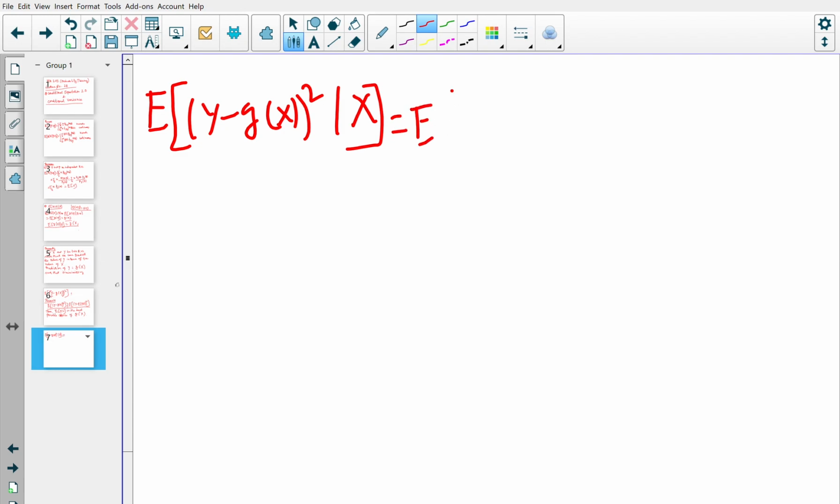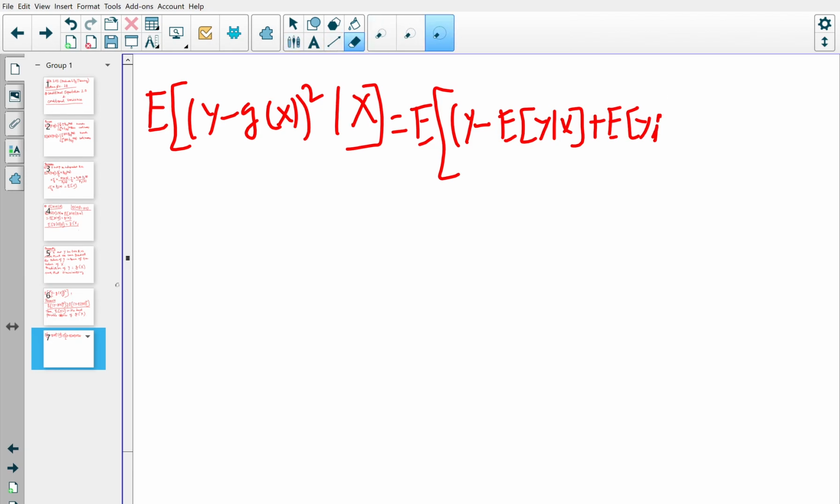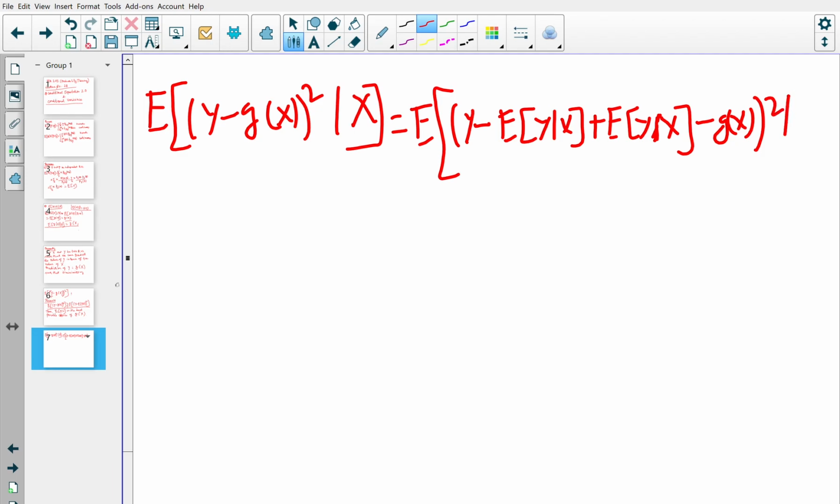We can modify this a little bit. You can write it as (y minus the expectation of y given x) plus the same quantity, I'm adding and subtracting the expectation of y given x, minus g(x), whole square given x.